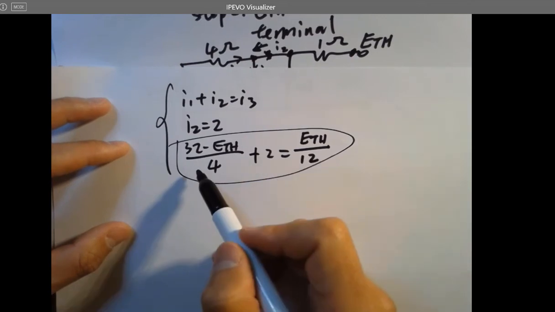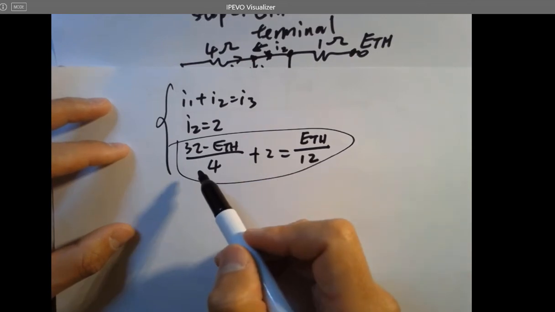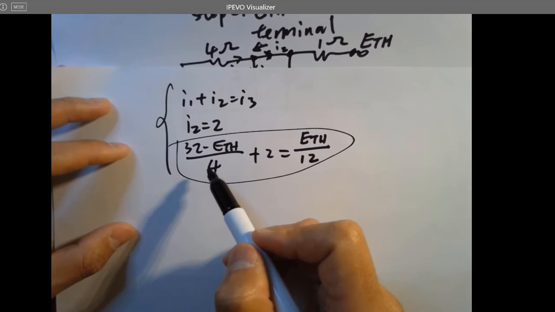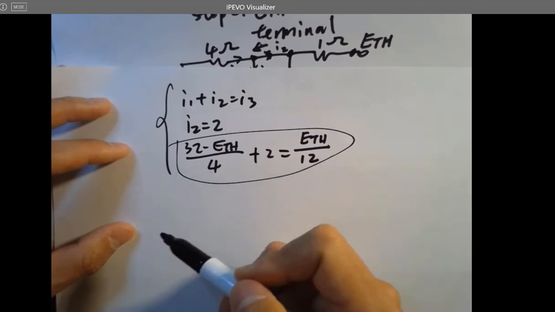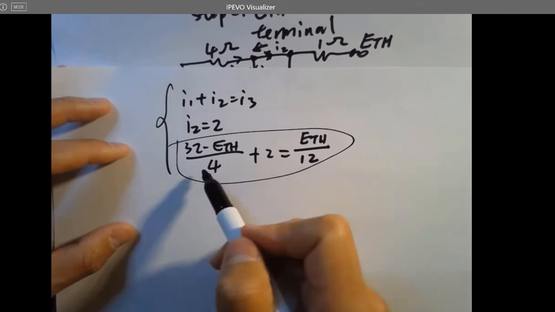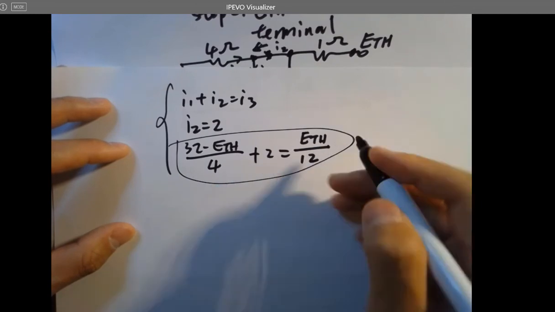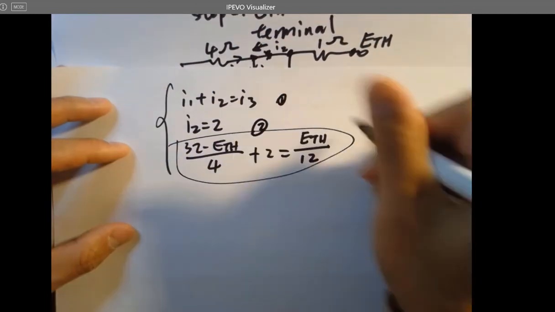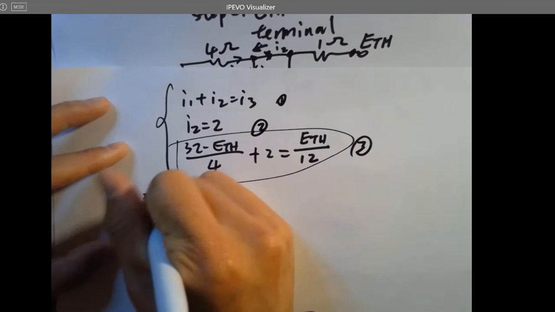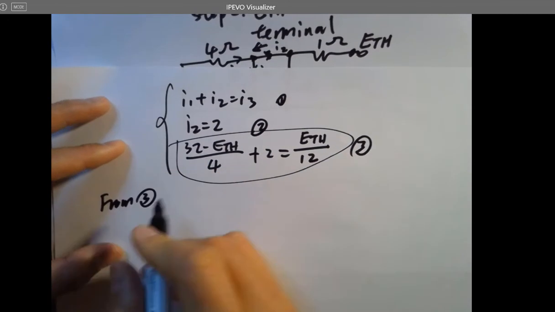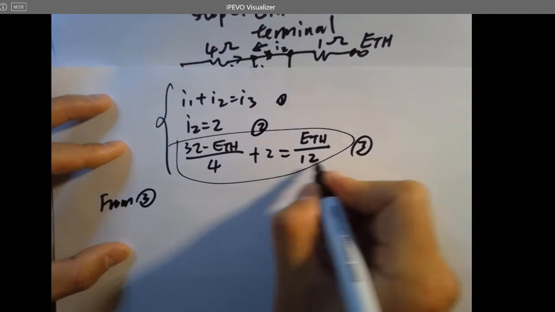So I will directly calculate. How can I simplify this one? Just multiply by 12, right? So times 12 on both sides of the equation. Let's label it. From equation 3, we can multiply by 12 on both sides.